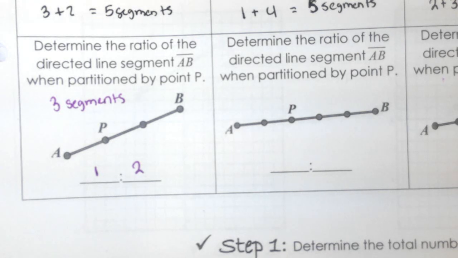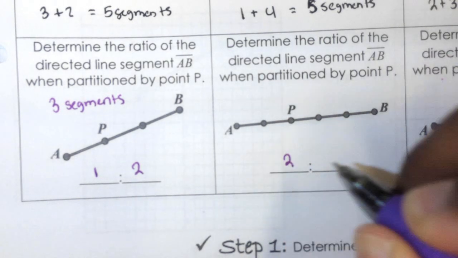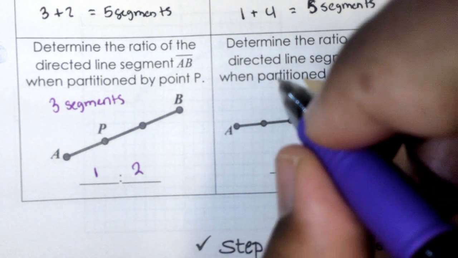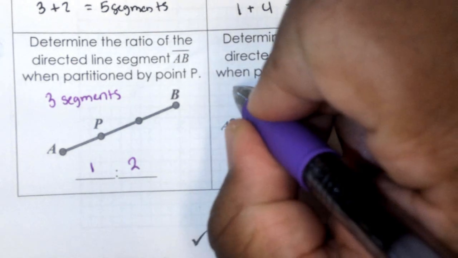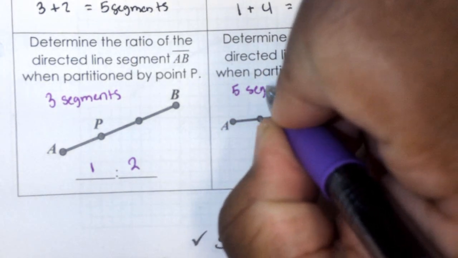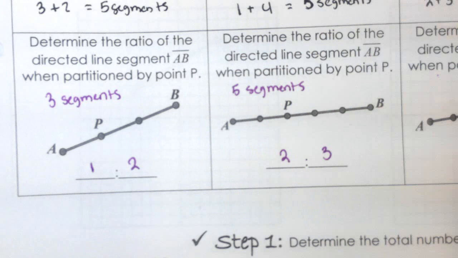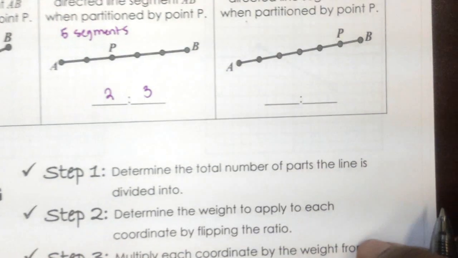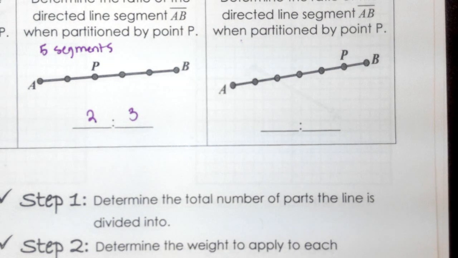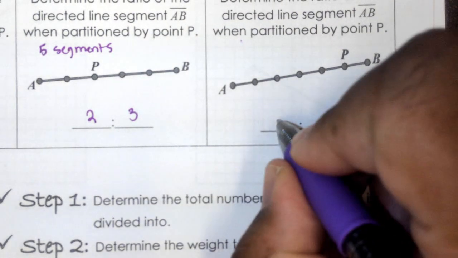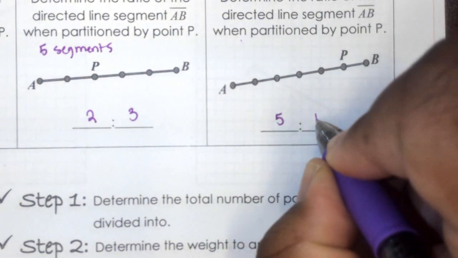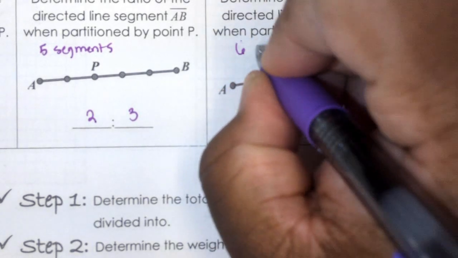Tanaya. 2 to 3 for the second one. How many segments in total? 5. Last but not least, Jonathan. 5 to 1. 6 segments.